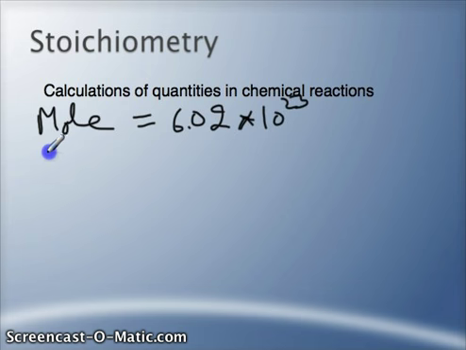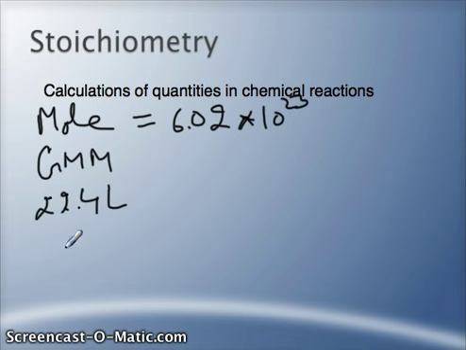One term we had talked about was GMM, gram molar mass, or gram formula mass, where you basically add up all the masses of all the elements in a given compound. The other thing we had talked about was this number, 22.4 liters.